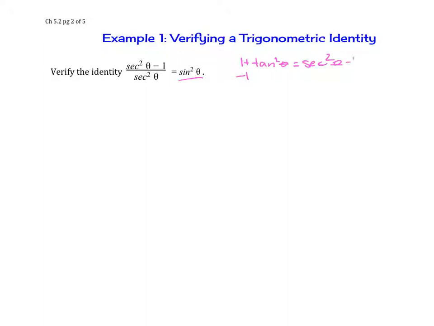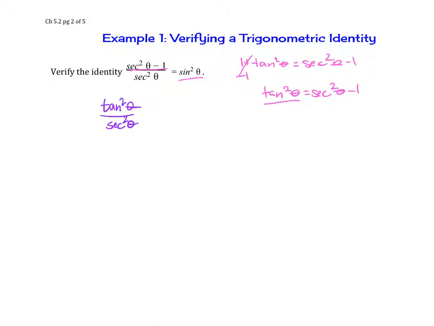Then I subtract 1 from both sides, and I see that I can convert it to tangent squared of theta equals secant squared of theta minus 1. So I'm going to take this secant squared of theta minus 1 and replace it with tangent squared of theta, so this is tangent squared of theta over secant squared of theta.